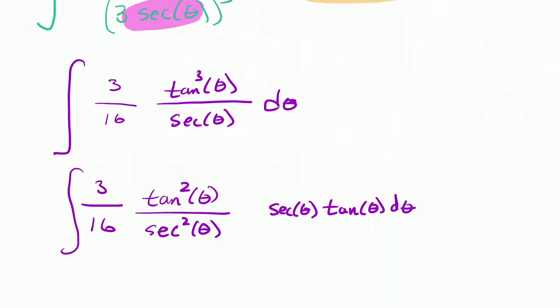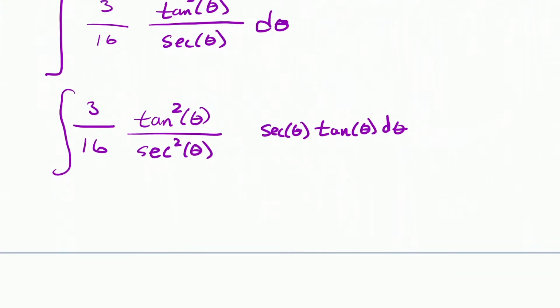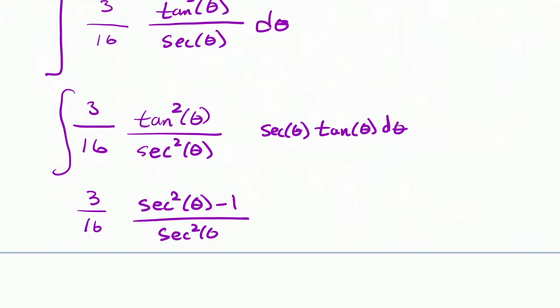So you can see where the tangent came from, but if I'm going to put secant here, I better balance it. Now the rest of this is pretty straightforward. You have 3/16 times tangent squared is secant squared minus 1, secant squared, and then this is secant tangent d theta.